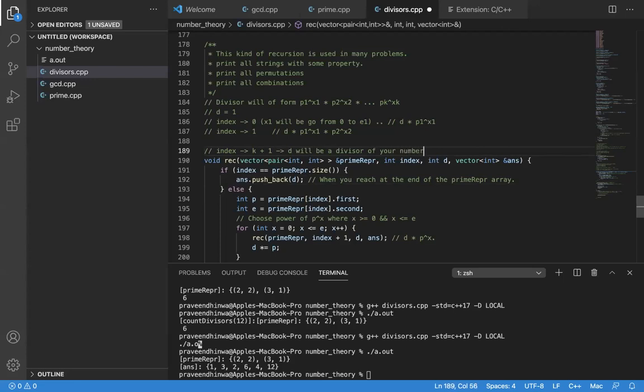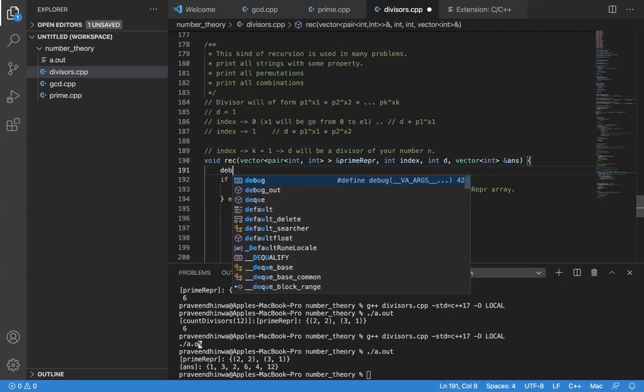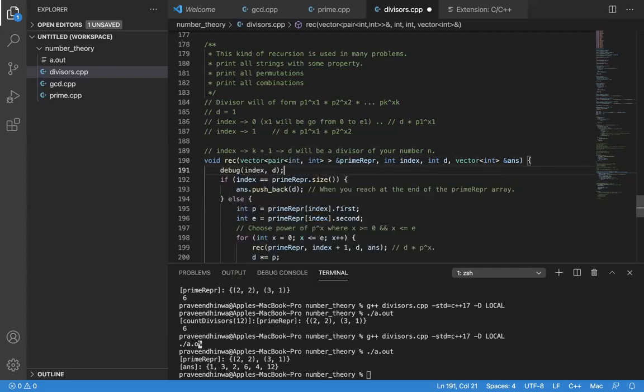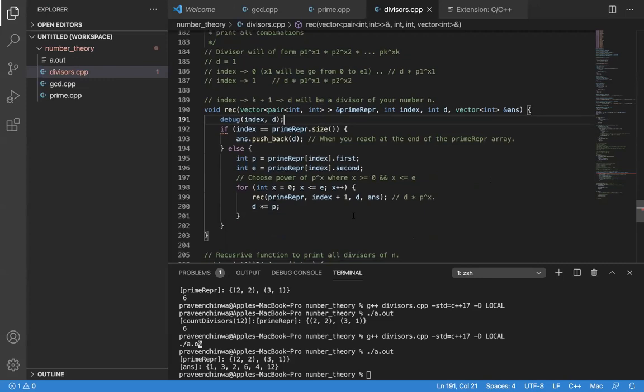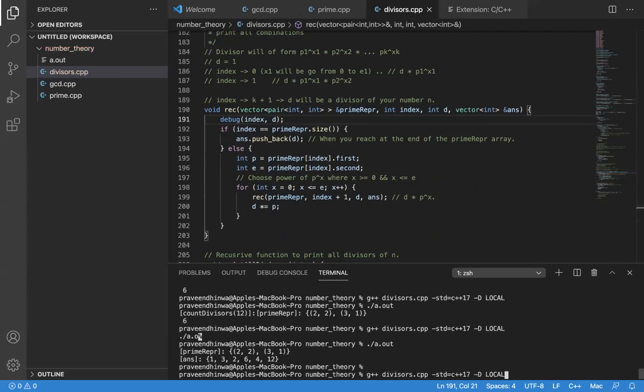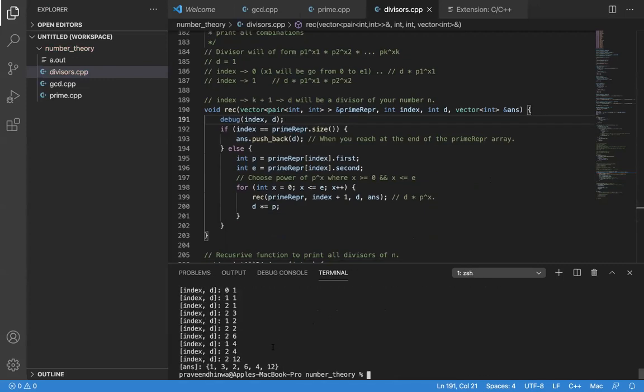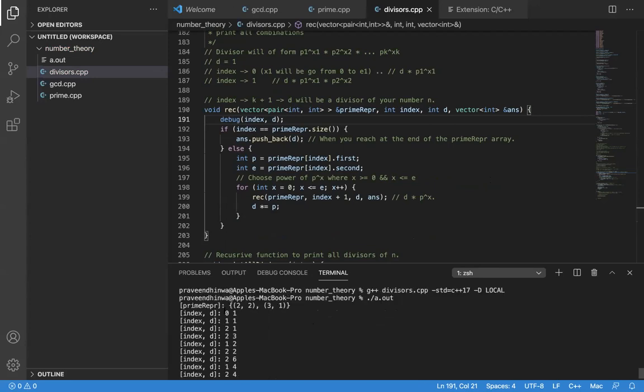So let's print a debug of index comma d and see what is happening. I'm starting with index 0 and d is 1.